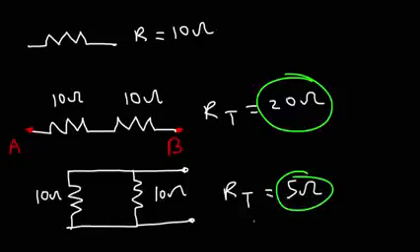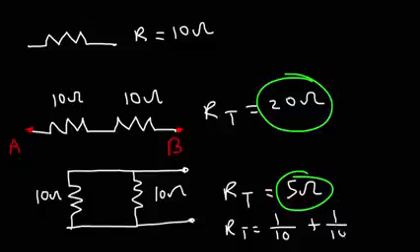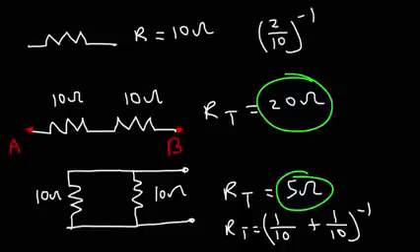Now for those of you who want to see the calculation, it's going to be (1/R1 + 1/R2)^-1, where R1 is 10. So 1 over 10 plus 1 over 10 is 2 over 10. And when you raise something to the minus 1 power, you basically need to flip the fraction.